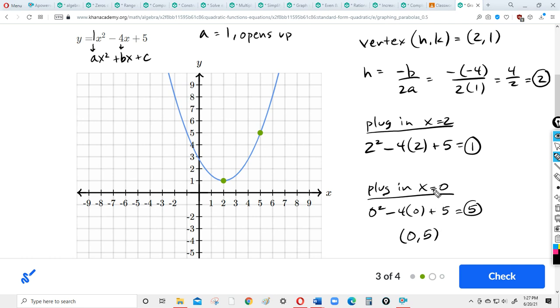See, when we plug in x equals 0, we get the y coordinate when x equals 0. So the other point is 0, 5, and you just drag this point. You click and drag it to the 5. See, this is x equals 0, y equals 5. And we did the vertex already.